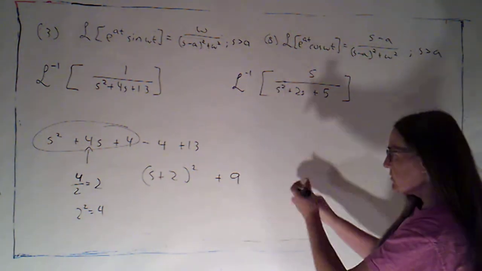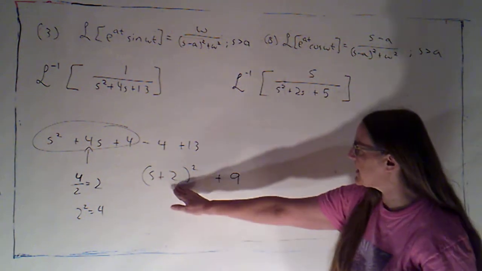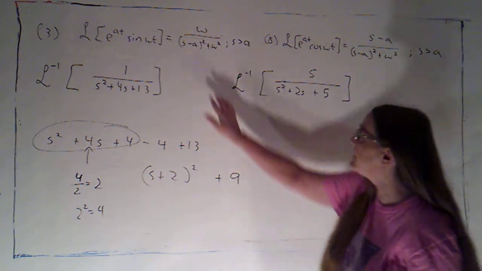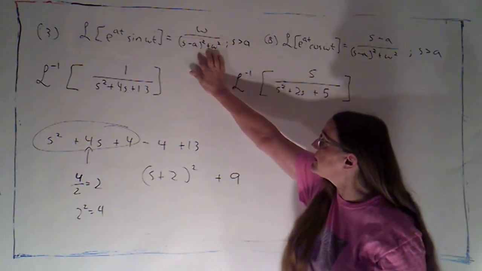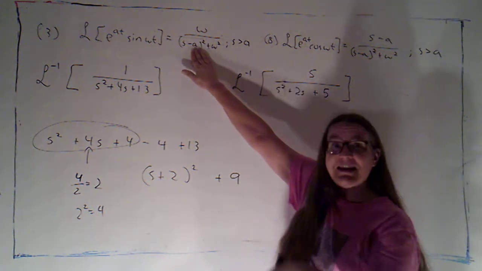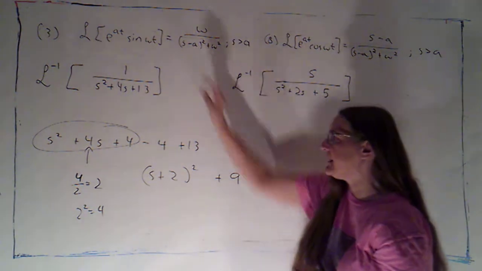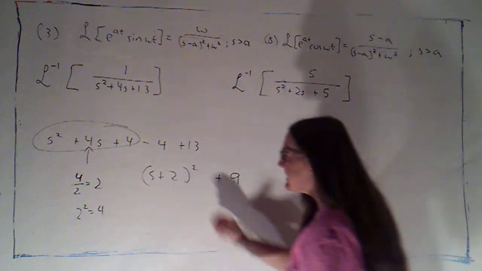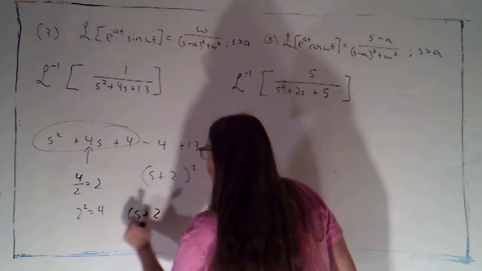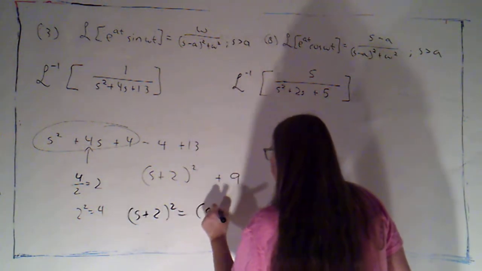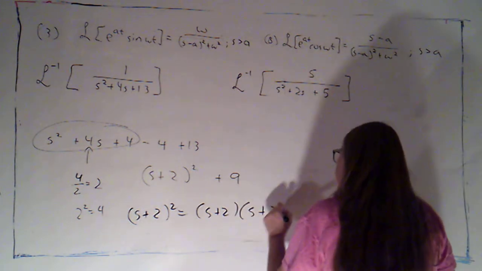So I'm able to rewrite that denominator as s plus 2 squared plus 9, so that it's going to look like this. It's just that my a here would be negative 2. Because if I'm adding 2, I'm subtracting a negative 2. Remember, the reason that that works is because s plus 2 squared is just s plus 2 times s plus 2.